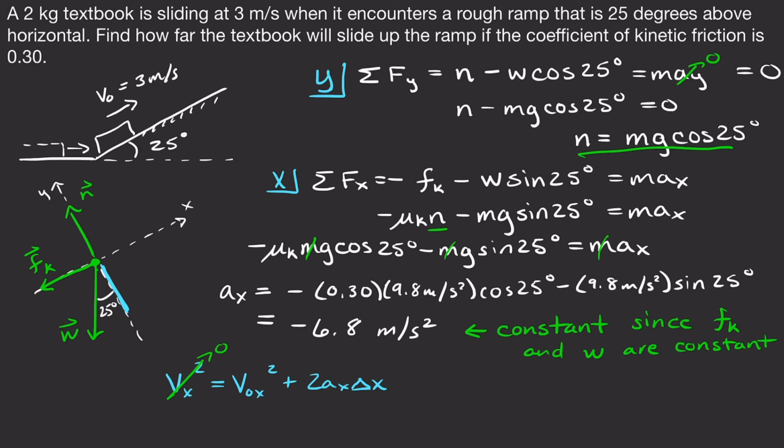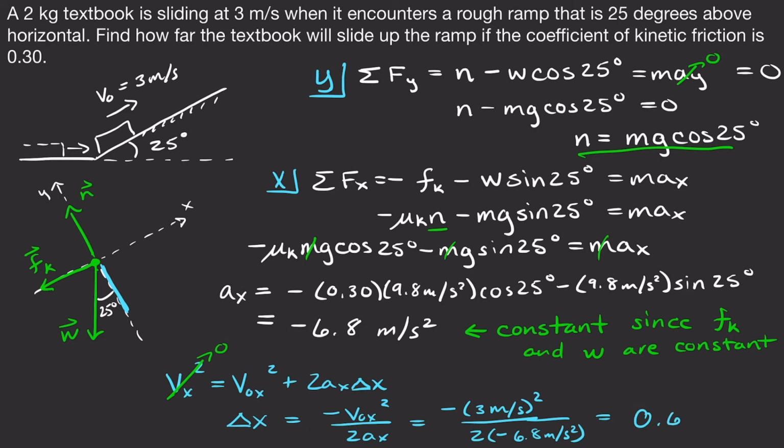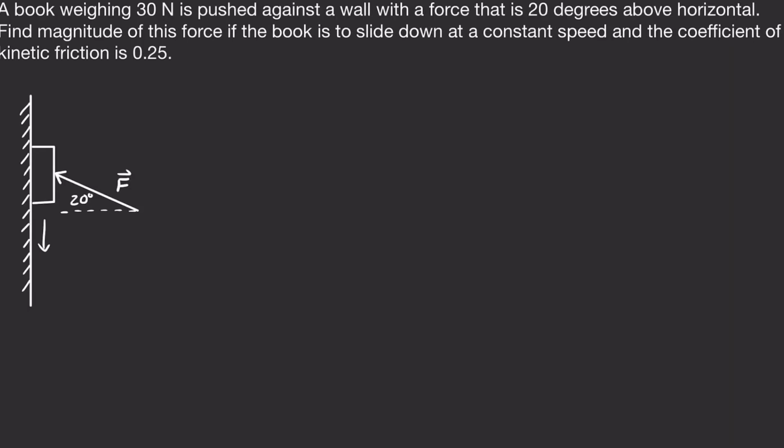Okay, and I solve for delta x, which is now going up the ramp, and I get minus v naught x squared over 2ax, or minus my initial velocity of 3 meters per second squared over 2 times the acceleration I just found. And I get a total of 0.66 meters.